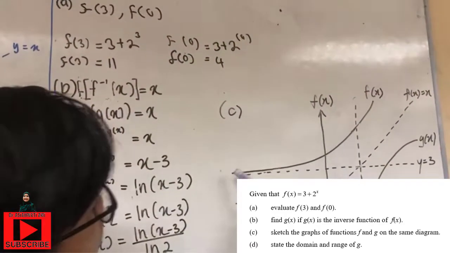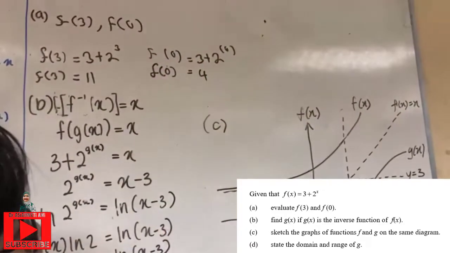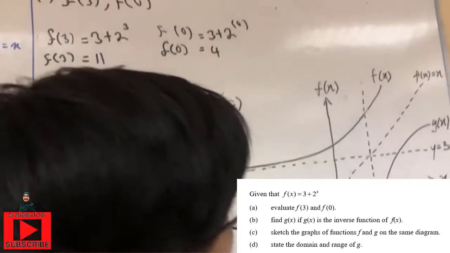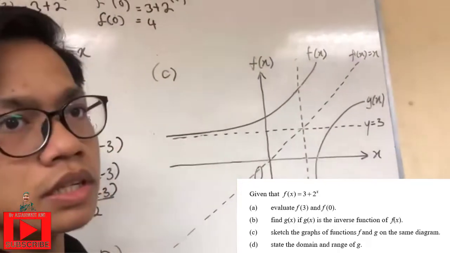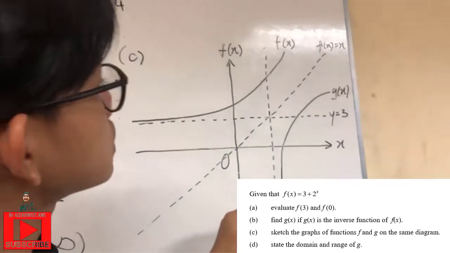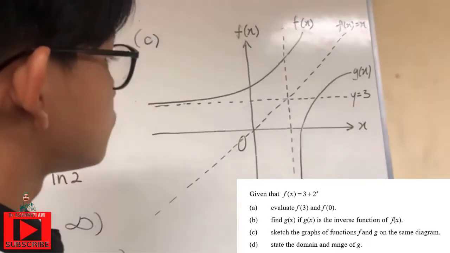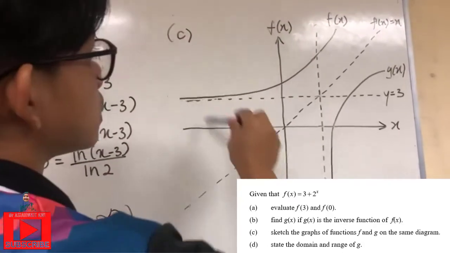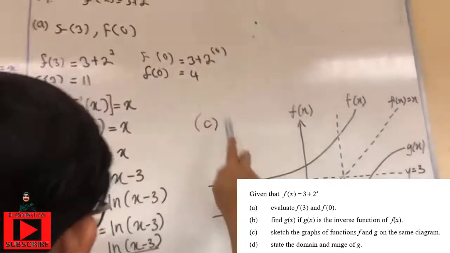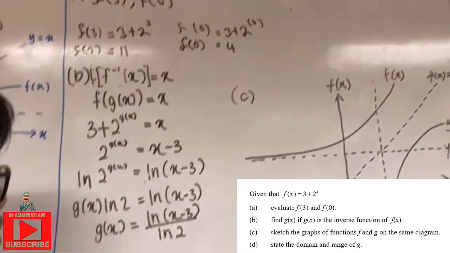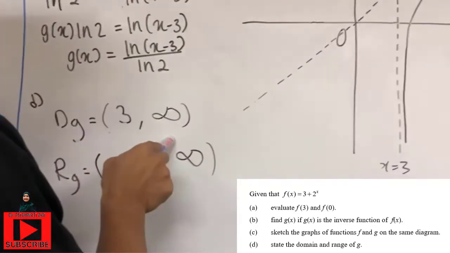Okay, untuk yang graf ni dia based on atas ni. So dia bentuk macam ni sebabkan dia 2 power x, dia adalah eksponen. Lepas tu ni asymptot x, ni asymptot inverse, ya inverse, dan ni asymptot y. Okay, dia dapat sini daripada nilai ni. Okay, untuk yang D domain, kenapa domain of g dia 3?